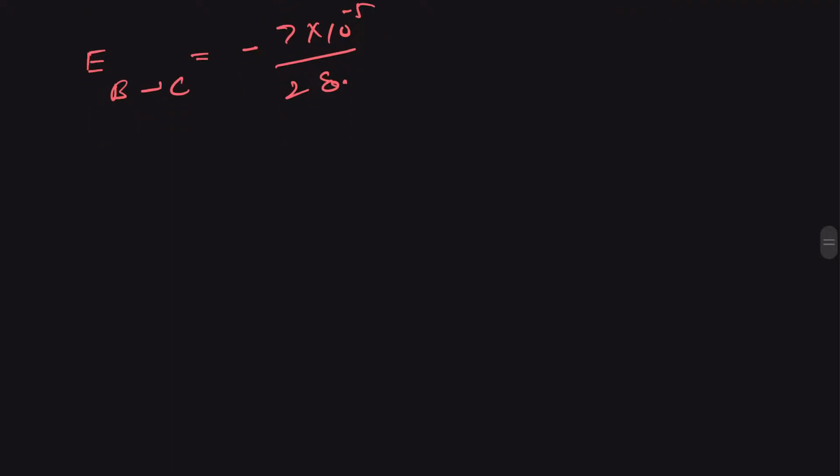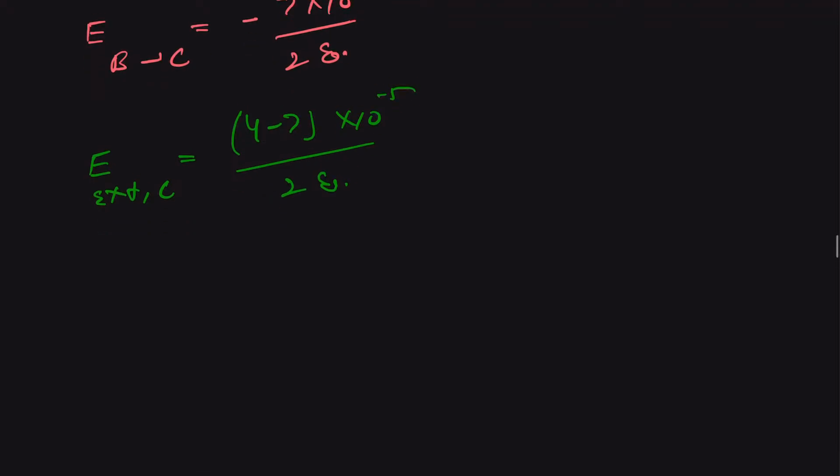So we get our external field at C will be equal to 1 minus 7 into 10 to the power minus 5 upon 2 epsilon naught, and this gives us minus 3 into 10 to the power minus 5 upon 2 epsilon naught.